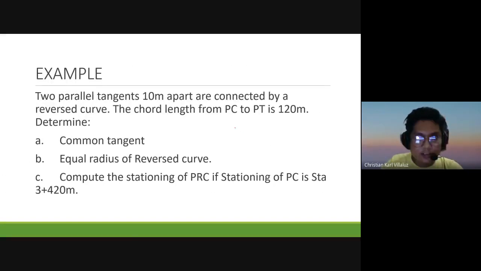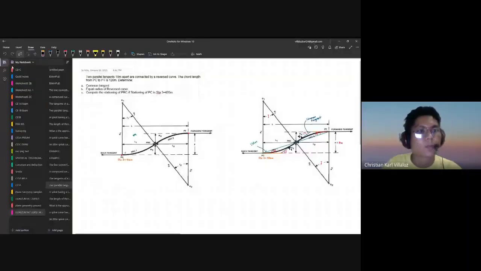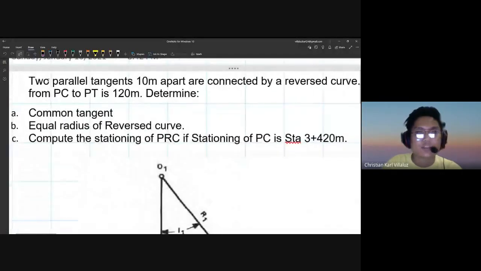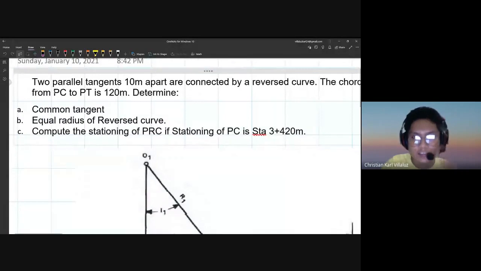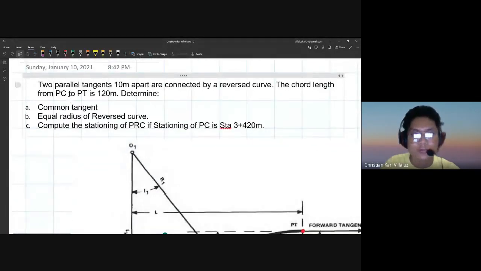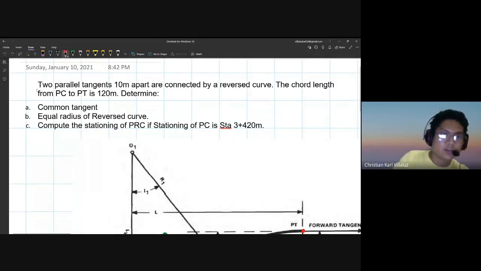So, let's start answering sample problem. Ayan. Again, wala din tong drawing. So, we are the one that will draw the figure for this particular problem. Sabi dito, two parallel tangents.